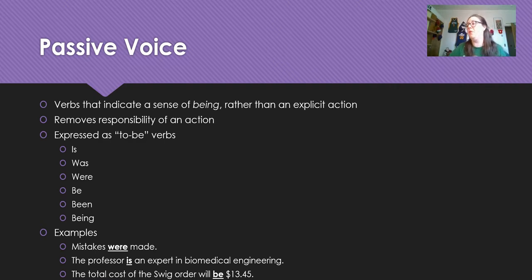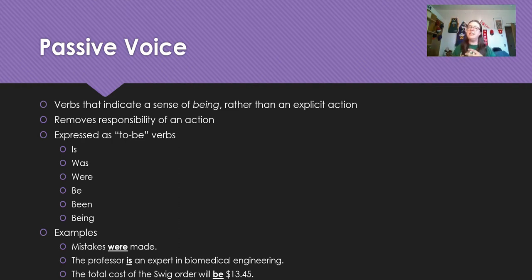It doesn't say the professor taught, or the professor lamented, or the professor ate. It's saying the professor is. And so in that sense, it's basically saying the professor's state of being is that they are an expert in biomedical engineering. That is their state of being in this context. When it comes to the total cost of SWIG, its state of being is $13.45. And in terms of the mistakes, they just happen to be made.